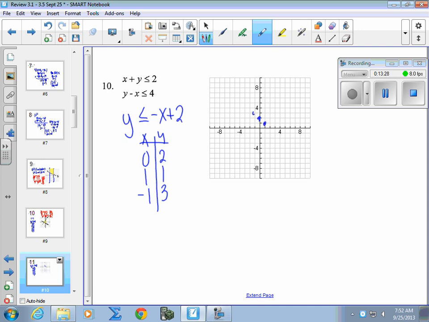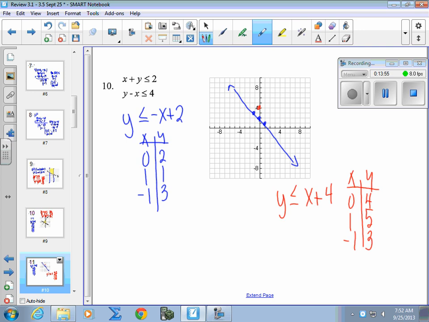It is a solid line, so we have a solid line here. The next equation we'll do in red, we have y is less than or equal to x plus 4. So we have 0 and 4, 1 and 5, negative 1 and 3. We have 0 and 4.